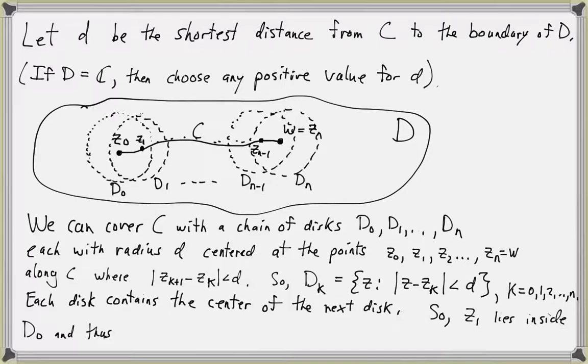And thus, by the previous argument, the absolute value of f of z also reaches its maximum value at z1. So using the same argument as above, we can conclude that f of z1 must equal f of z0 for all z in D1.